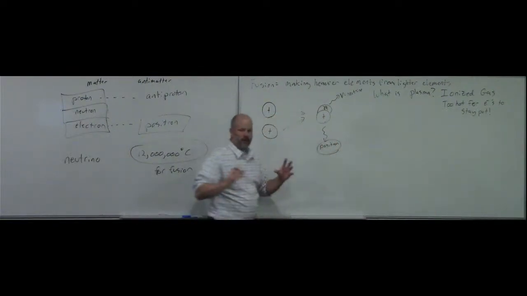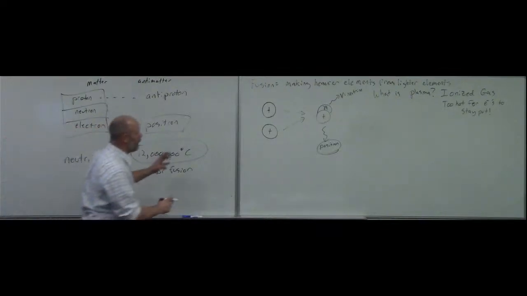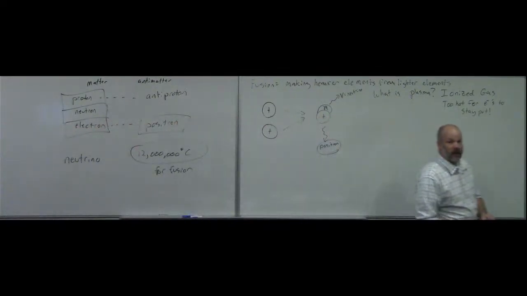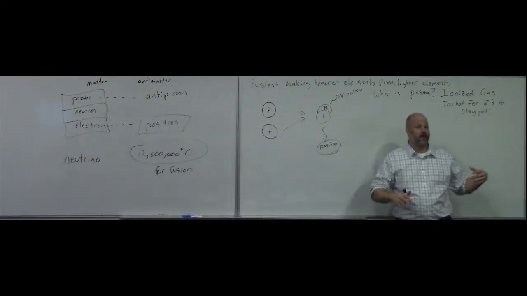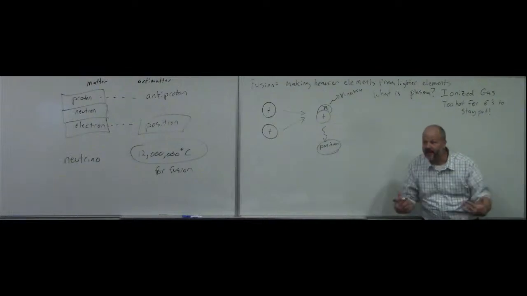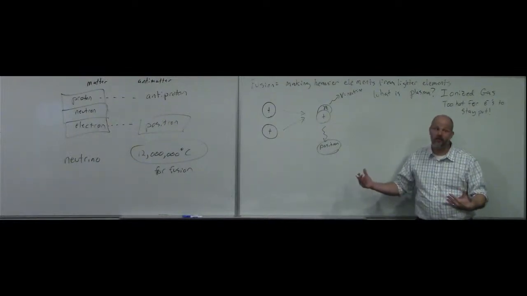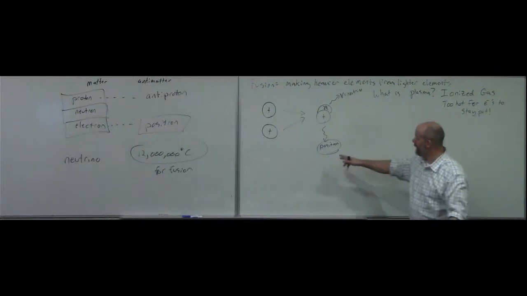What's the charge? Positive. Here we are in plasma. There are electrons everywhere. They're just not bound to nuclei, but they're everywhere. This is positive charge. What's the charge on an electron? Negative. They're attracted. They don't have to try very hard. They are going to be magnetically drawn towards each other nearly instantaneously.